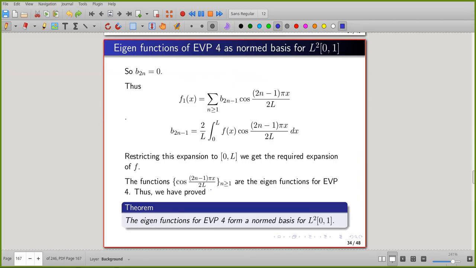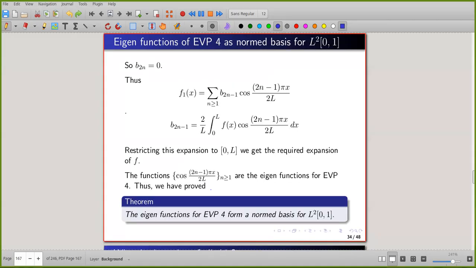The point is that when we solve our partial differential equations, depending on the boundary conditions, we will have to choose a particular one. I think it will be explained better when I reach there. So let me omit that. For EVP3 and EVP4, the details are given. They are as easy as the earlier ones, so if you're interested, you can take a look at it. But from an exam point of view, this is not going to come in the exam, so let me just skip it.